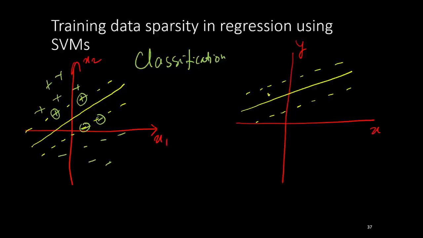It's almost as if there's a band around the line and they are roughly following the line. The points that are on the margin, okay, these are the support vectors, right? So there is no point outside the margin. So this is a regression problem.